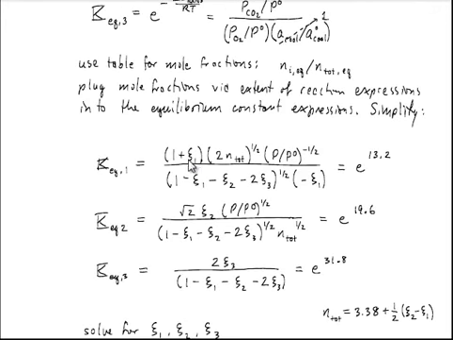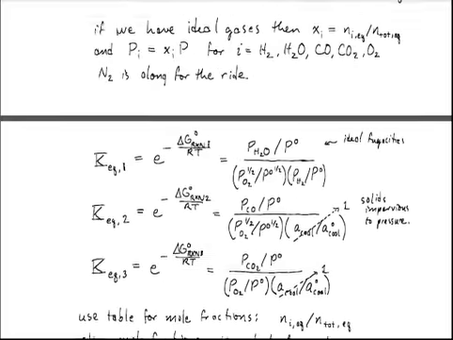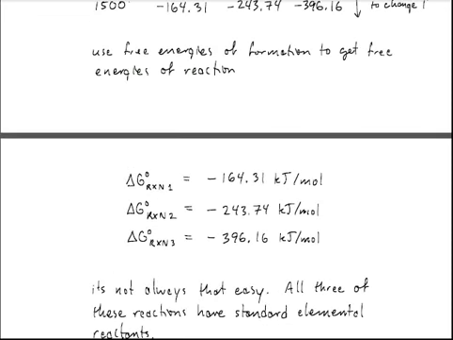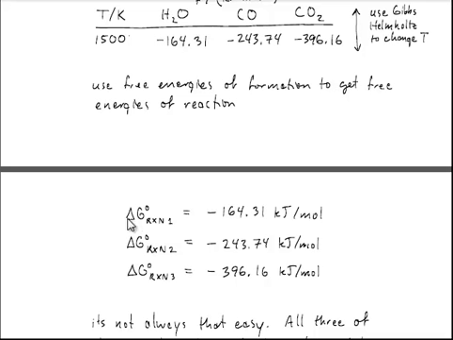This would be the one for water, and then we have some residual factors of the total amount of material and the total pressure divided by the reference pressure. This is oxygen, and this is the hydrogen gas term. That equilibrium constant then is e to the 13.2. Remember where we got that value. That was coming from the exponential of this divided by RT.